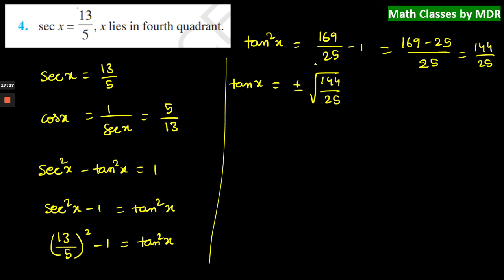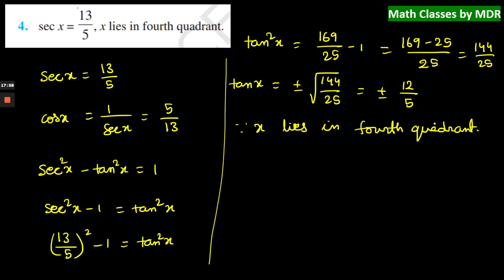Now tan x can be written as plus or minus root of 144 by 25. Take square root on both the sides. So you will get root of 144 is 12 and it is 5. So plus or minus 12 by 5, but we know that in the fourth quadrant cos is the only function positive and its reciprocal is positive, remaining all are negative. So tan x must be the negative value of it.